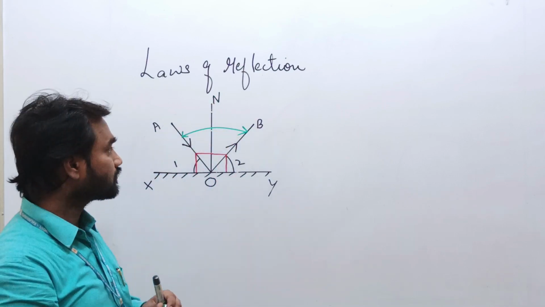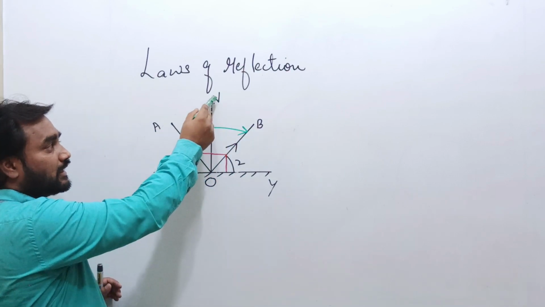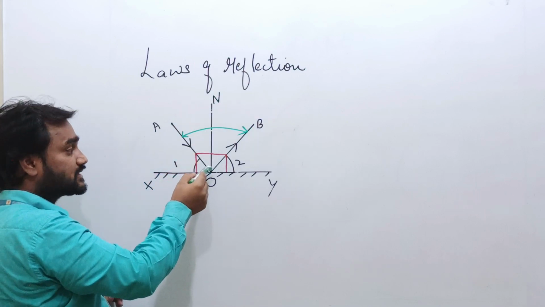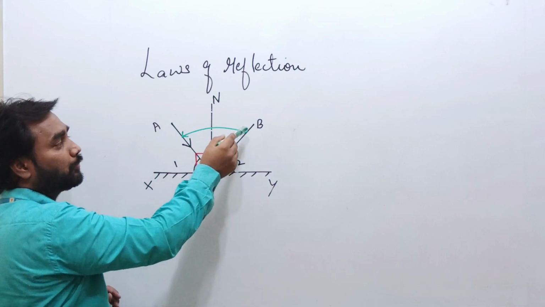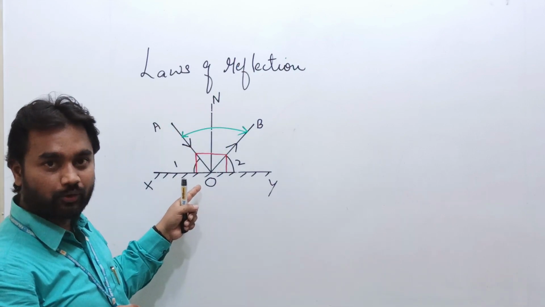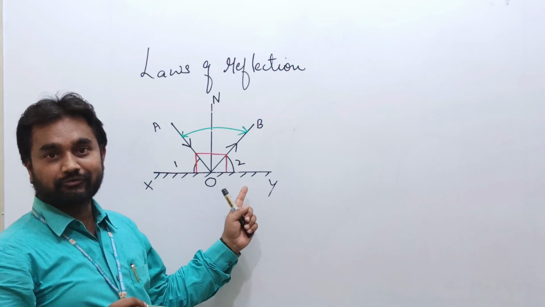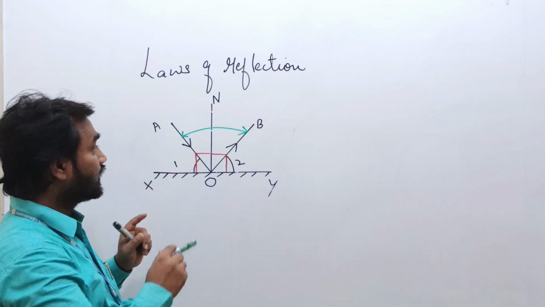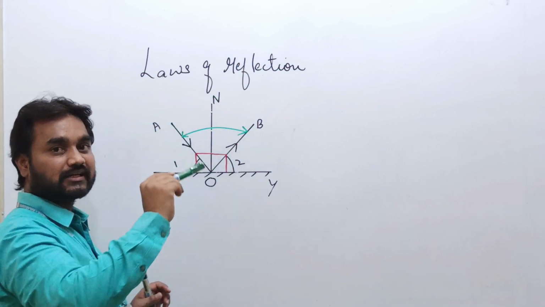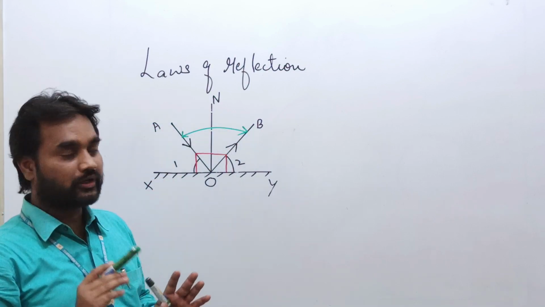Is that clear? I'll repeat it once again. This normal NO, which is normal to the reflecting surface XOY, is bisecting angle AOB. Bisecting means it is dividing into two equal parts.